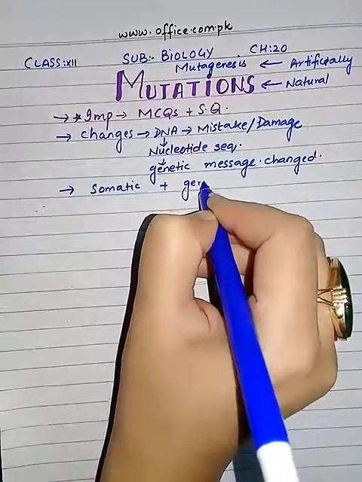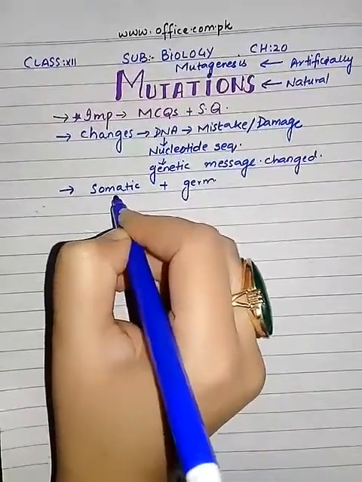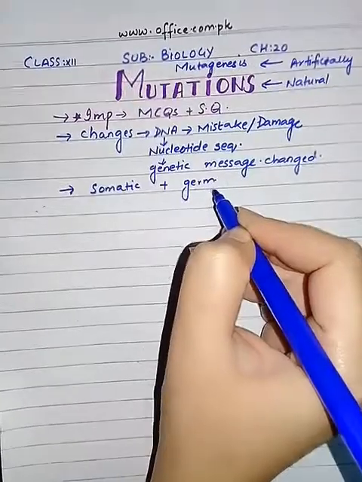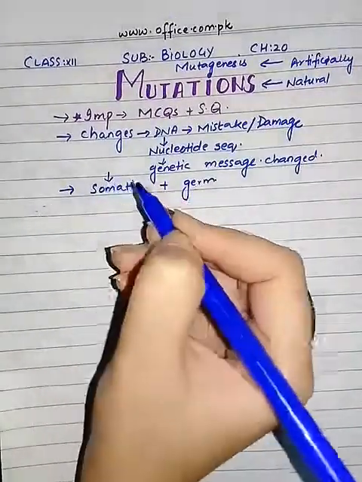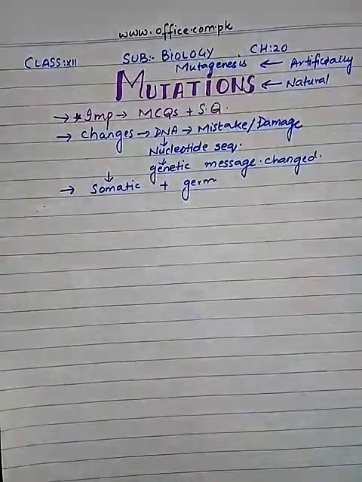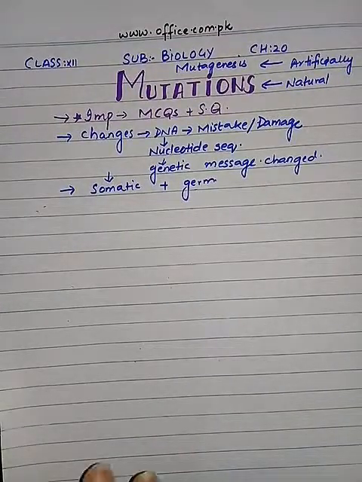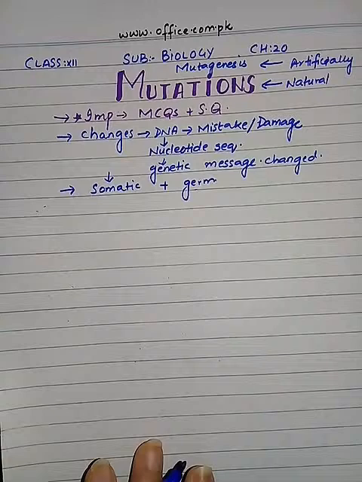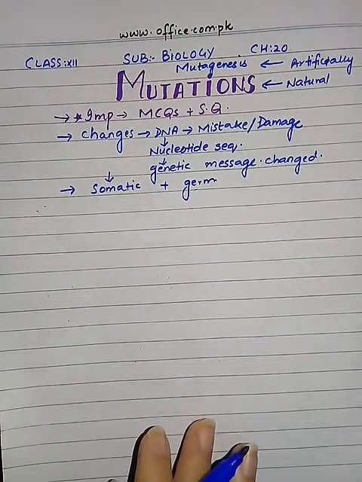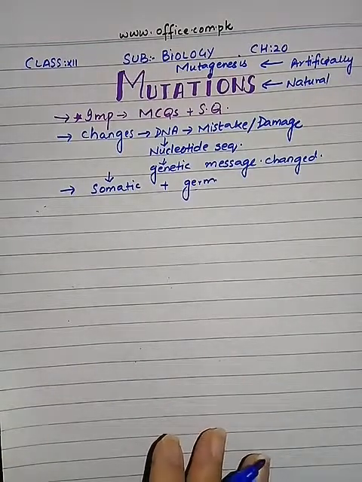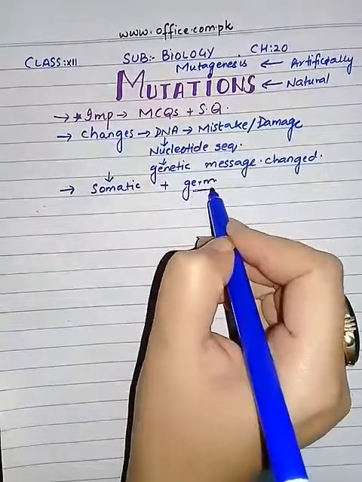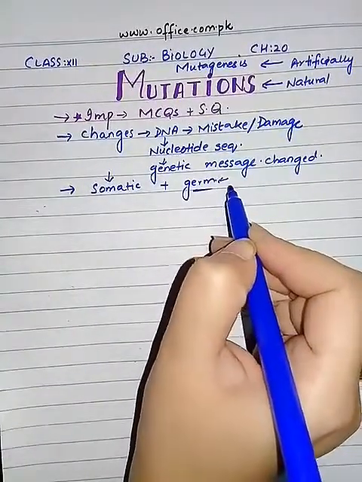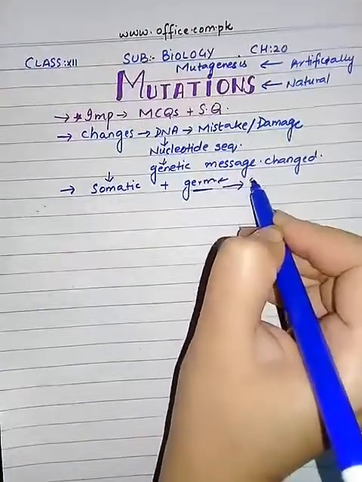Now, mutations can occur in somatic cells as well as germ cells. The somatic cells are general body cells, and the germ cells are the sperm and the egg. If mutations occur in somatic cells, they are of little importance because they do not transfer to the offspring, so they have very little evolutionary impact on the germ line.